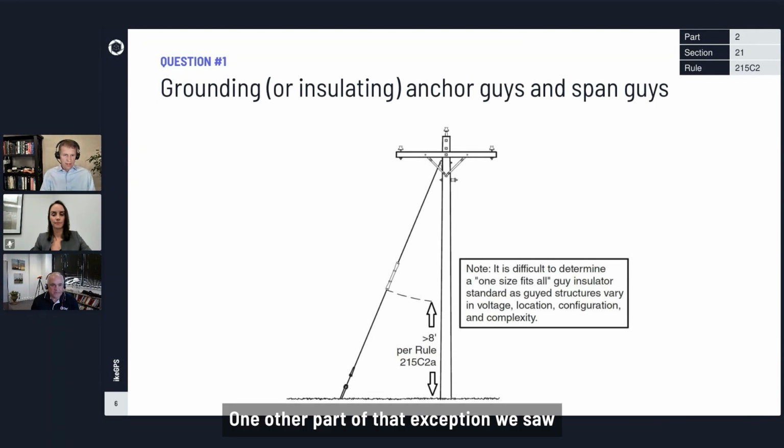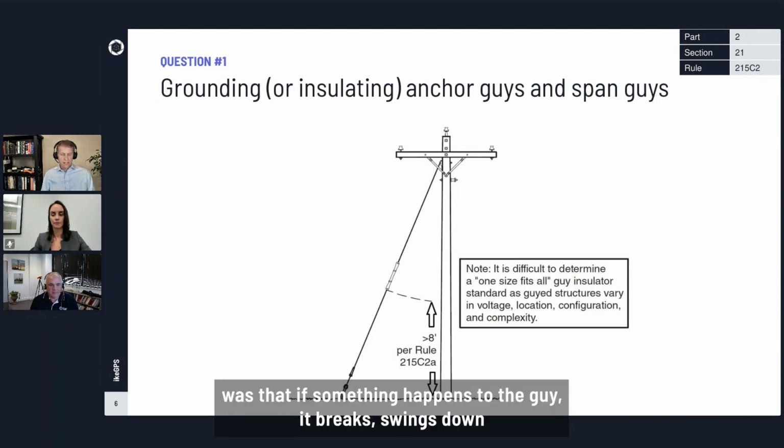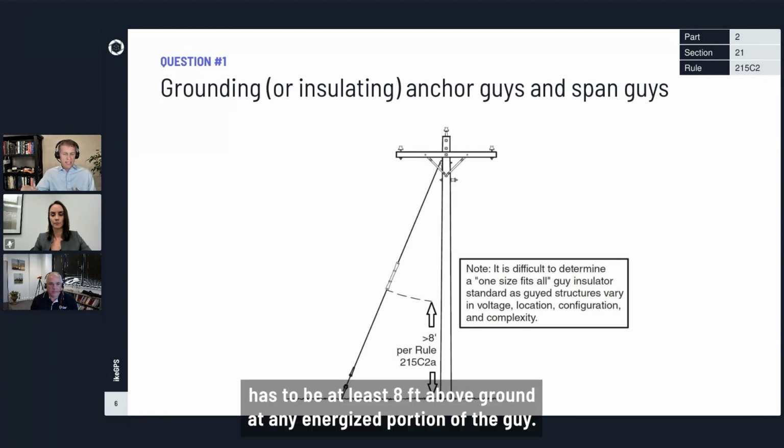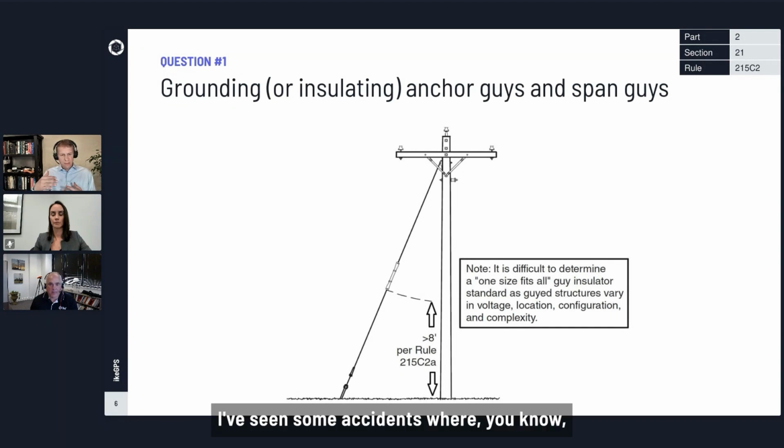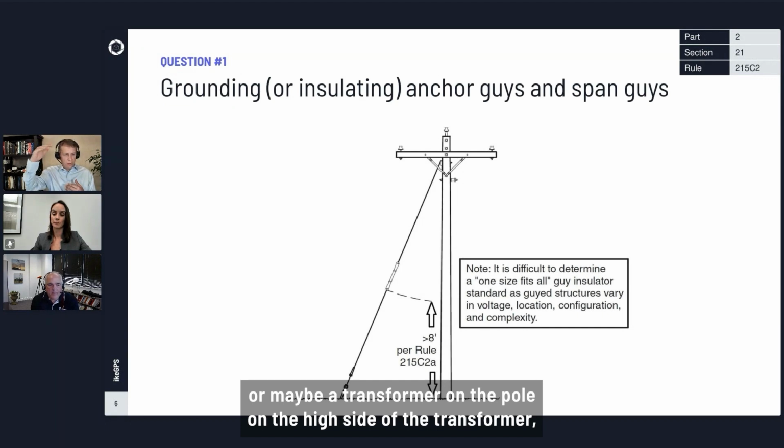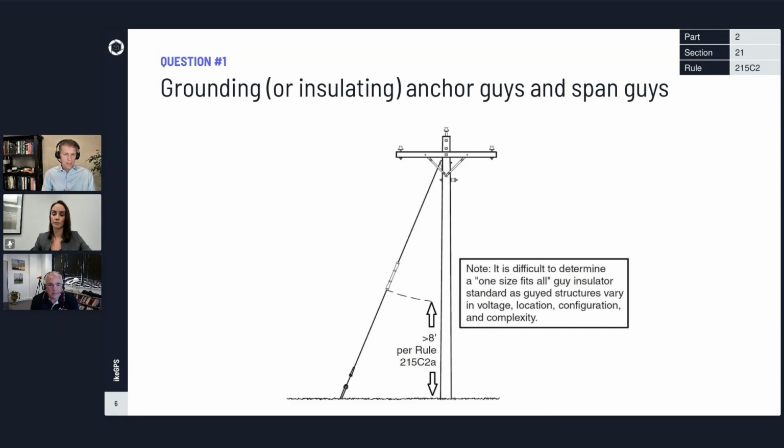One other part of that exception we saw was that if something happens to the guy, it breaks and swings down, it has to be at least 8 feet above ground at any energized portion of the guy. I've seen some accidents where those guys came into contact with jumpers or maybe a transformer on the pole, on the high side of the transformer.